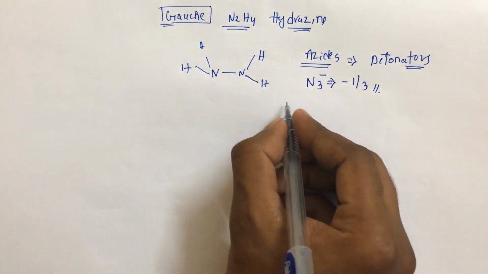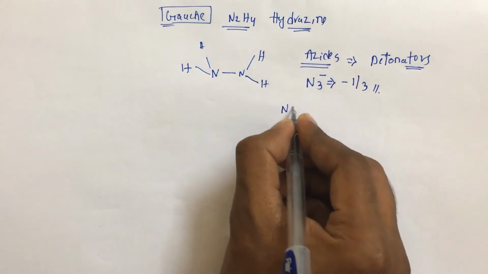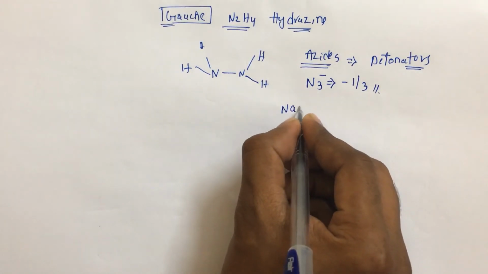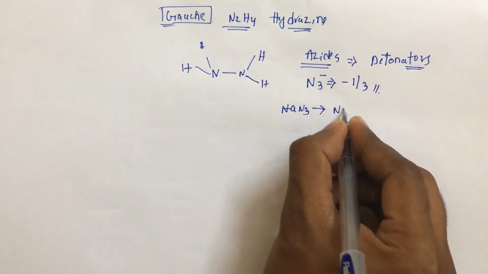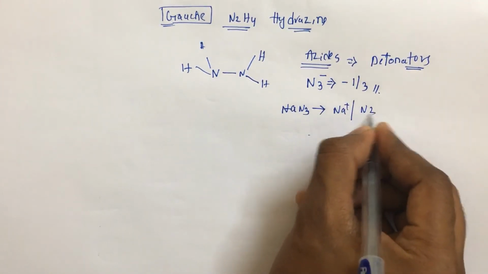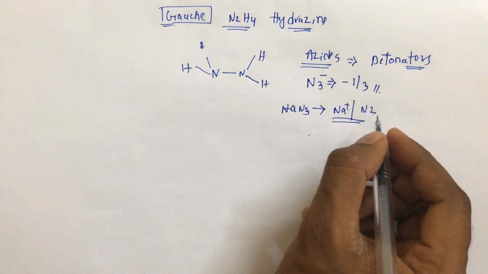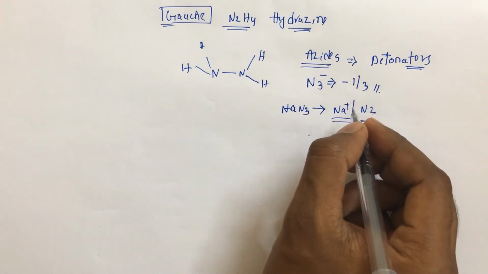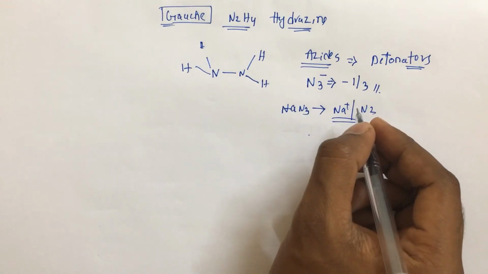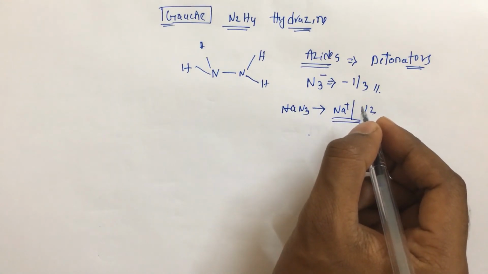When we expose NaN3 to air, it releases sodium, Na+, and nitrogen. Because it produces nitrogen, it explodes in the atmosphere.